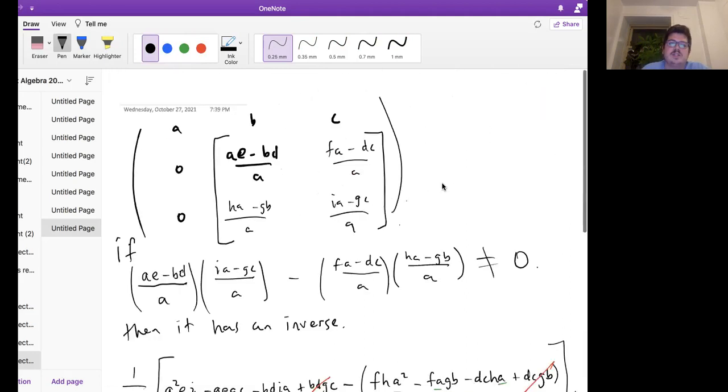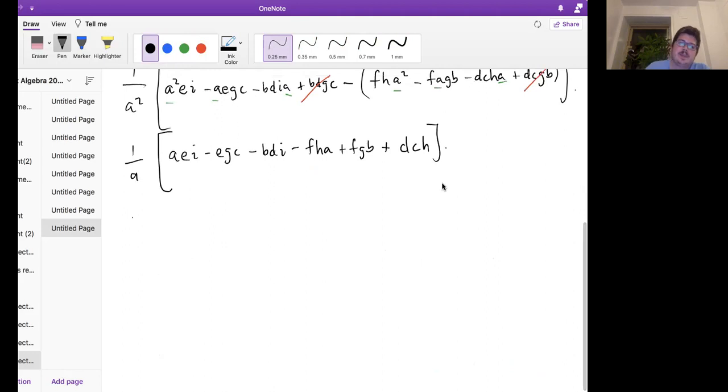Okay, so now for reasons we'll talk about later, let's group the first row elements. Meaning I'm going to group the A's together, I'm going to group the B's together, and I'm going to group the C's together.